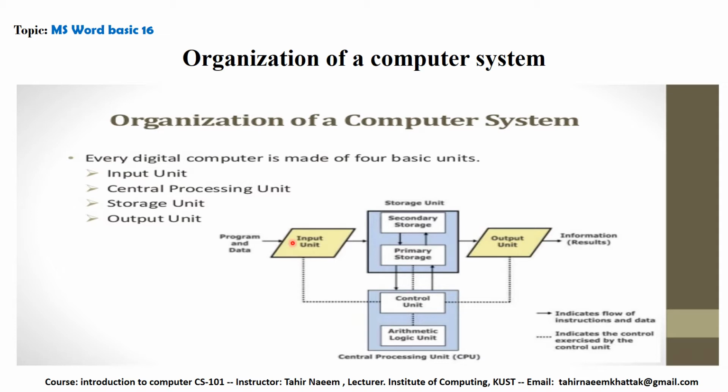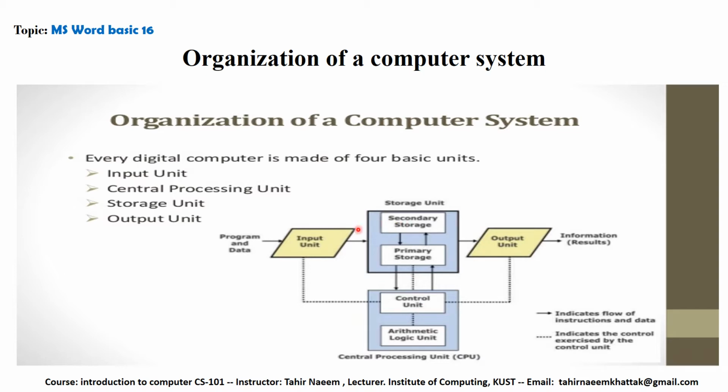We insert programs and data through the input unit, which then carries them to the control unit. This is the CPU or central processing unit, this is the storage unit, and this is the output unit. So this is the organizational structure of a computer: input, output, storage and CPU.